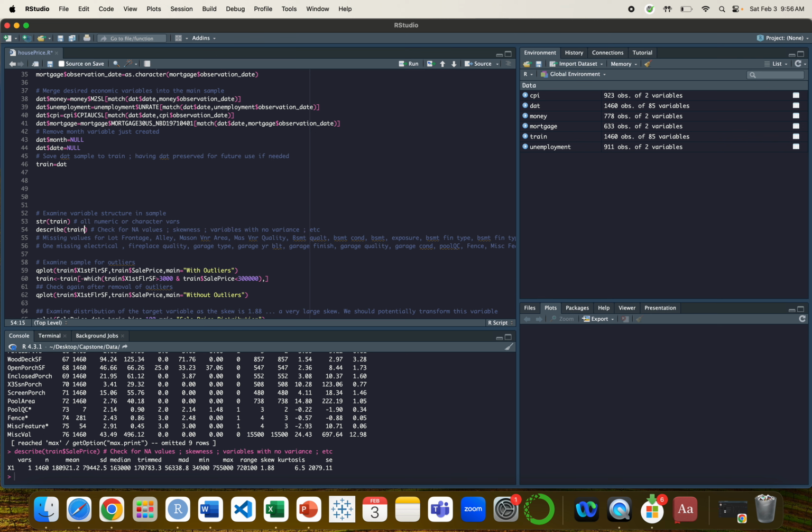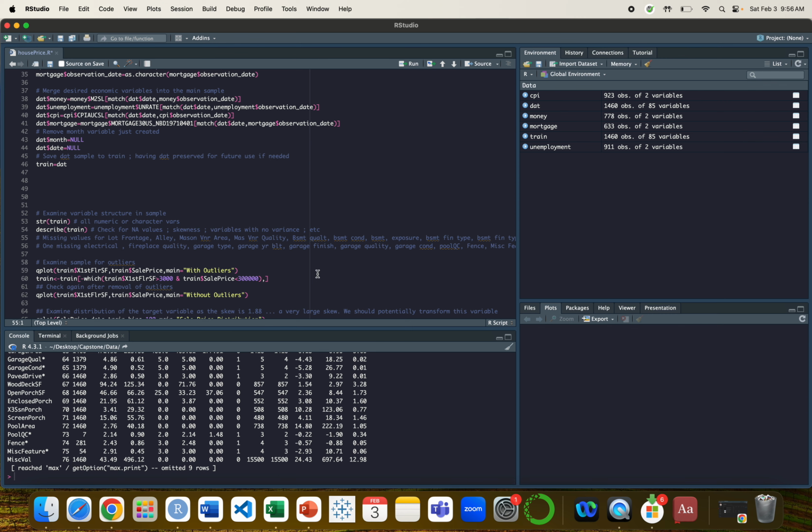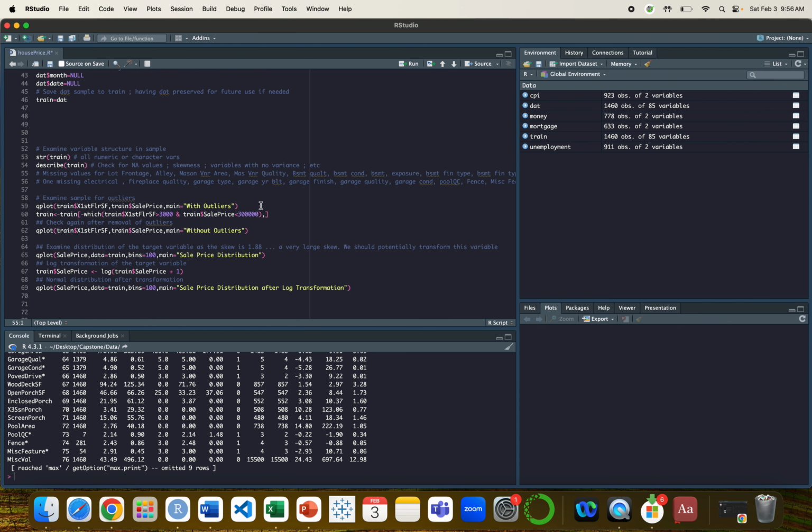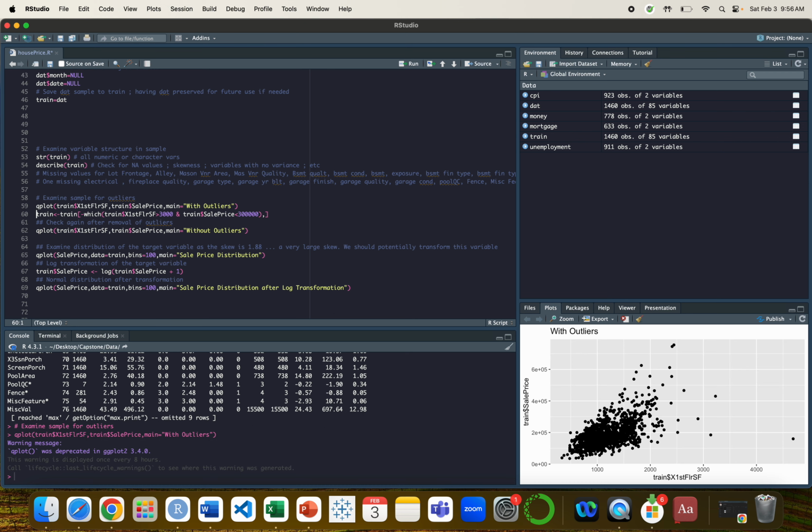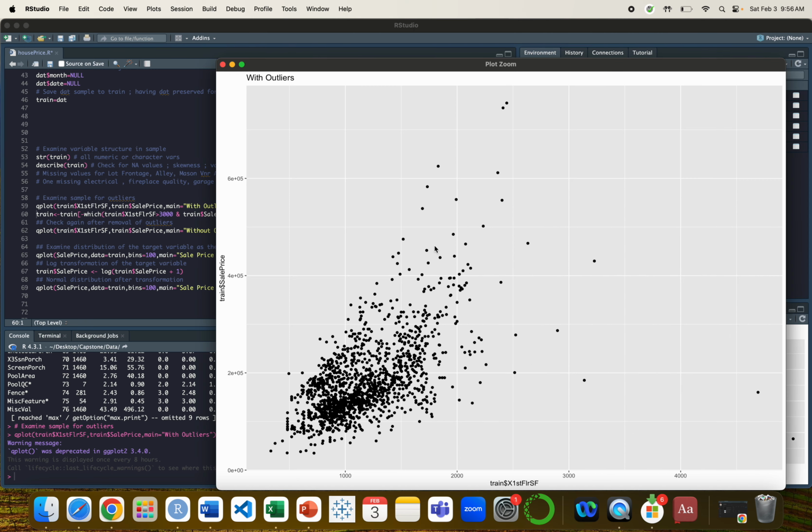So now we can visualize the first floor square foot, right, and sale price. So we get a cube plot. And these are the values here, right? You can see it's kind of like a funnel, a little bit of a funnel here, but this is definitely an outlier.